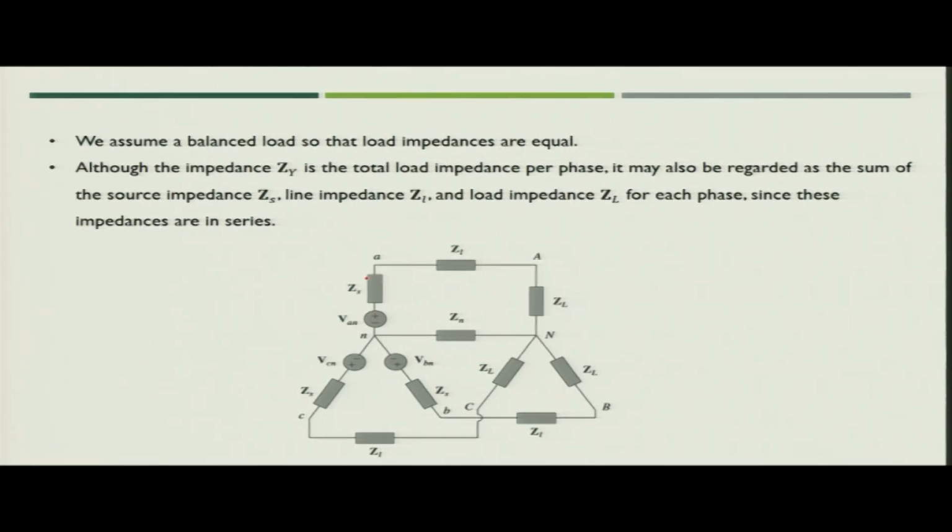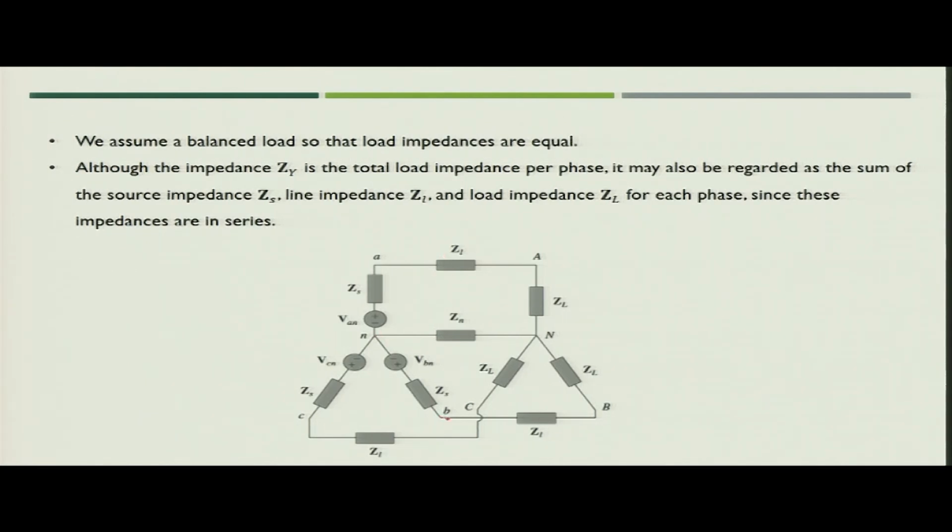So, we will call it as a source impedance and then you will have transmission line impedance and then the load impedance. So, now the phase A of the source is connected to phase A of the load through transmission line.